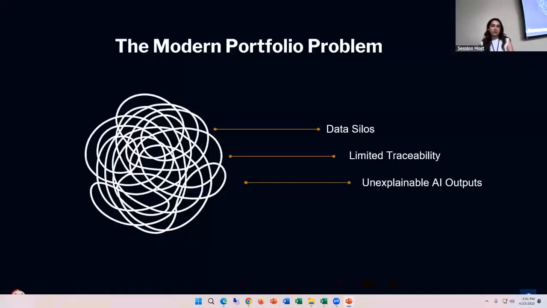Across government and industries, organizations are facing increasingly complex portfolios of systems. Data is spread across spreadsheets, documents, databases, and system architecture models, and organizations are spending far more time tracking down the data and reconciling inconsistencies rather than doing any actual portfolio analysis.